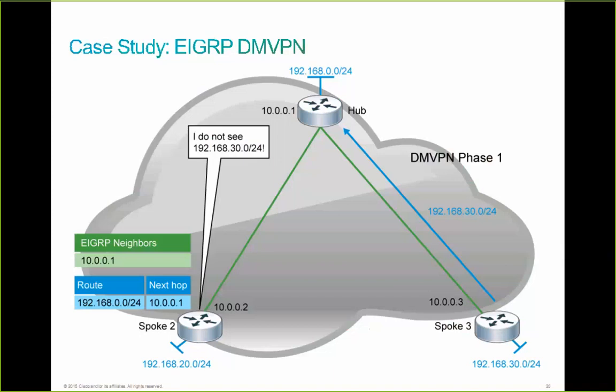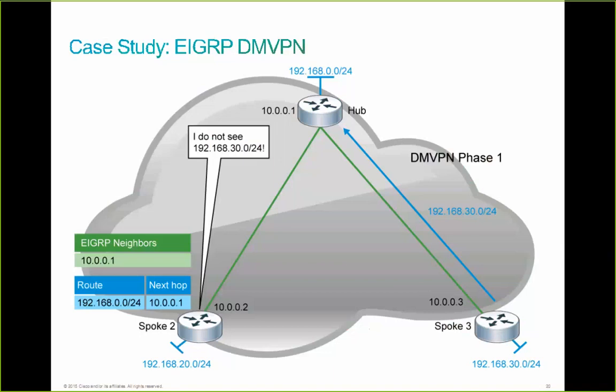This reduces the total number of adjacencies to a minimum, which allows for much greater scalability, reduces the spoke router hardware requirements, and still allows routing through optimal paths.